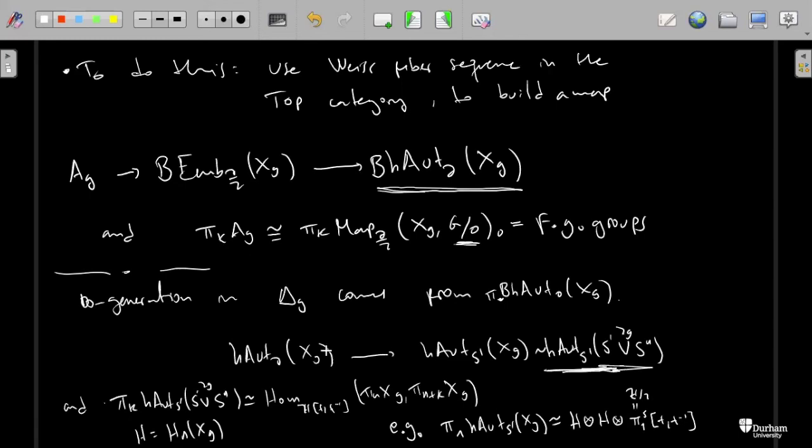So you have to analyze how much of this infinite generation here is going to be hit by this map. But that's something you can do, and then you essentially reach the point where you can use this general fact to finally detect all the infinite generation in the homotopy of this space.